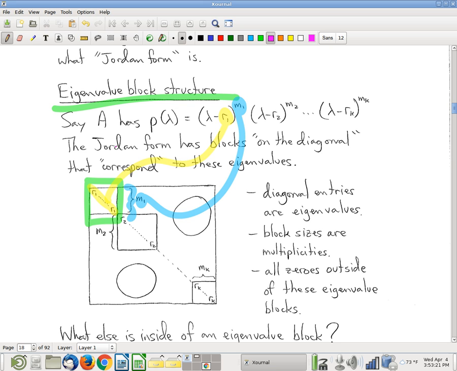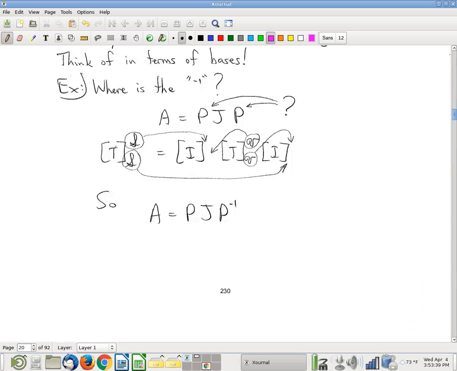If you know the roots and multiplicities of your characteristic polynomial, that is, if you know the eigenvalues and their multiplicities, then you know how big your eigenvalue blocks are and what's on the diagonal in those eigenvalue blocks.